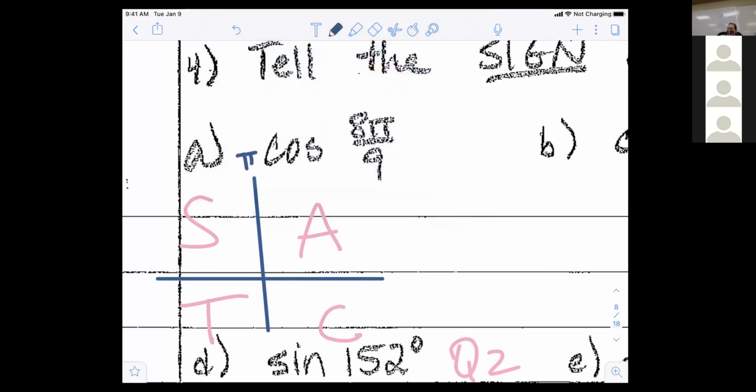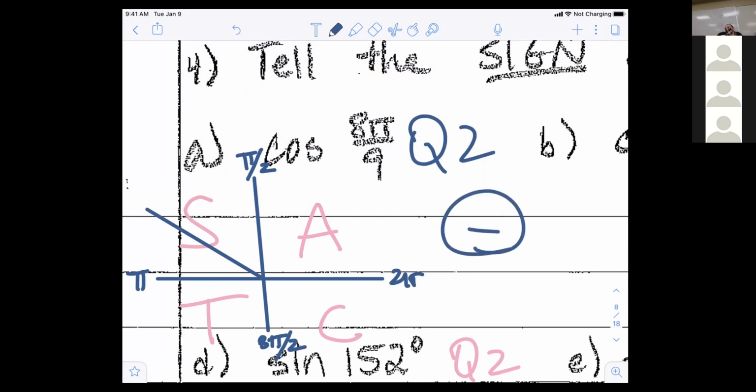Remember that my markers are pi over 2, pi, 3 pi over 2, and 2 pi. So 8 pi over 9 is not quite 1 whole pi. It's somewhere in quadrant 2. Yes. And is it positive or negative? Negative.